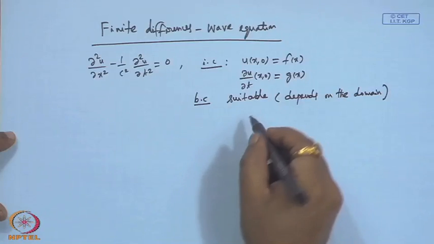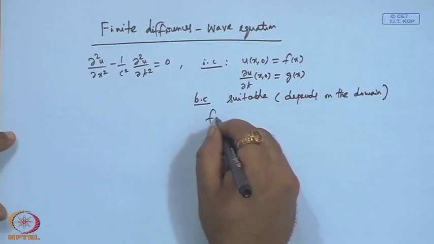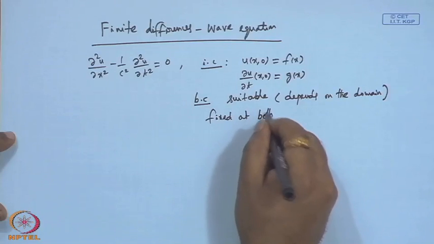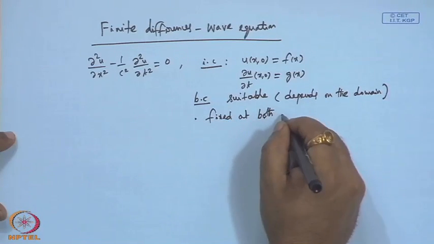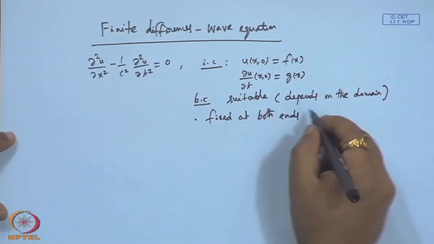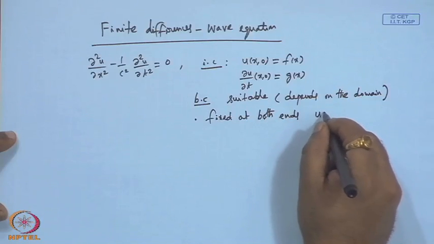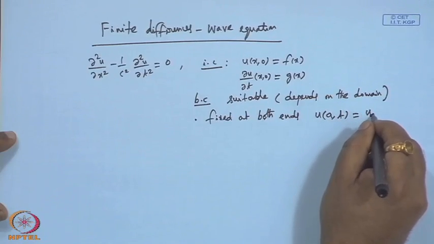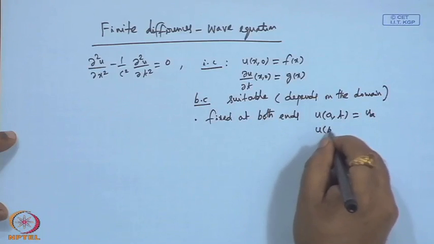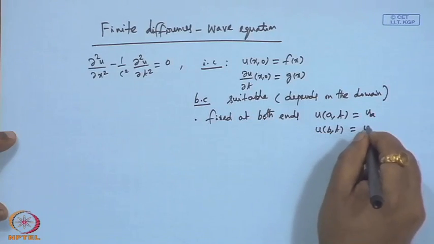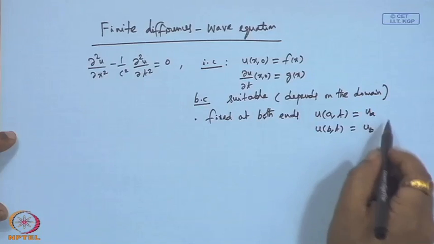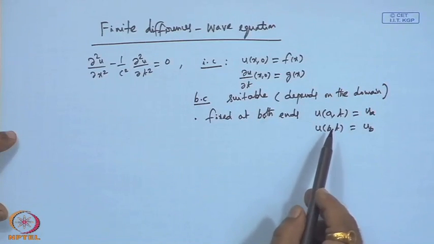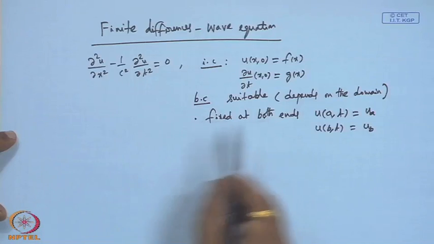For example, if it is fixed at both ends, then what we expect is u of a, t is some u_a, and u of b, t is some u_b. Of course, they can be functions of t. Now we discretize this.